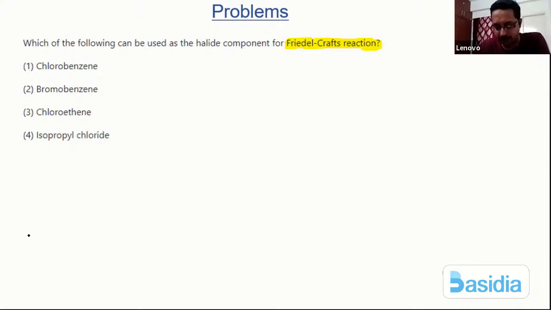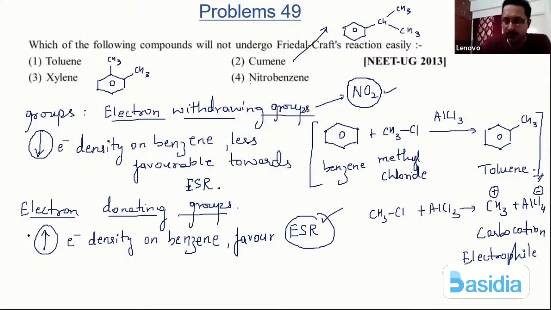Now, if you just remember, we solved a question based on the Friedel-Crafts reaction, right? And I told you very clearly that in the Friedel-Crafts reaction there is a formation of a carbocation, correct?